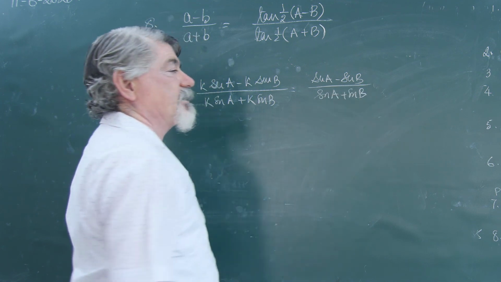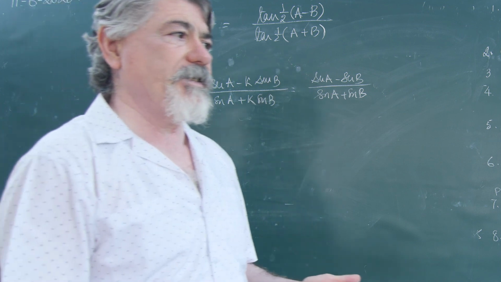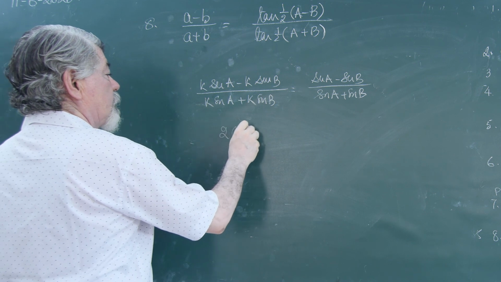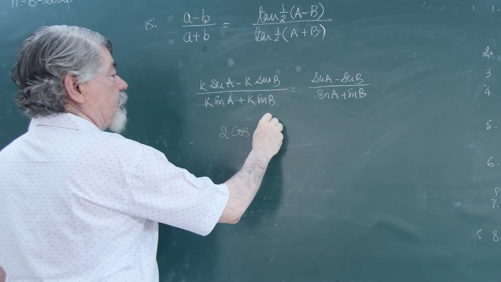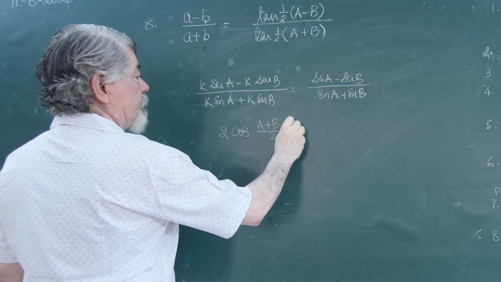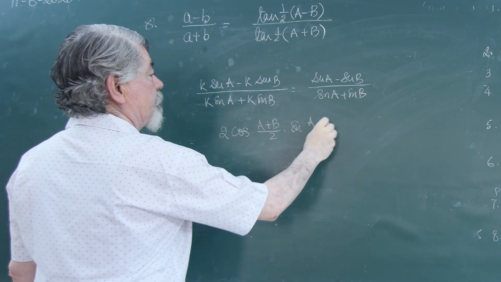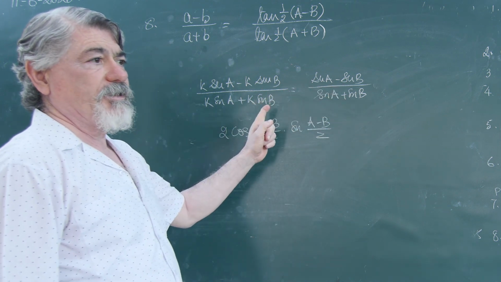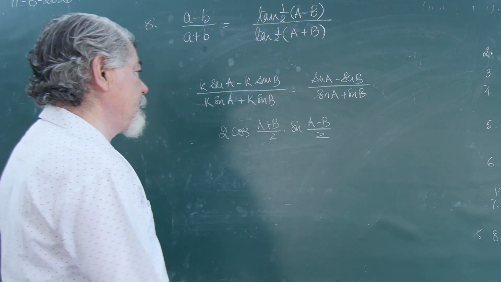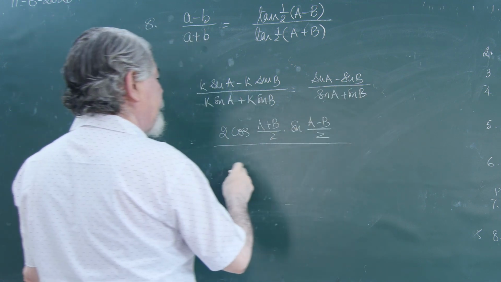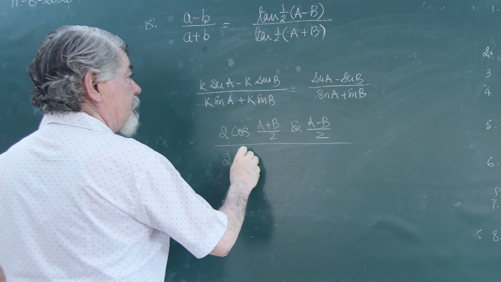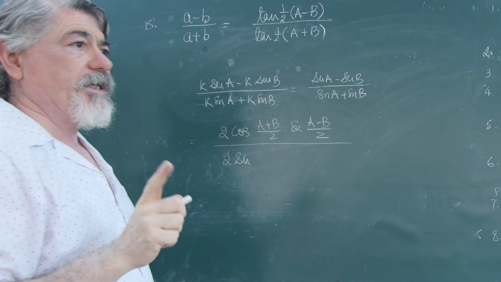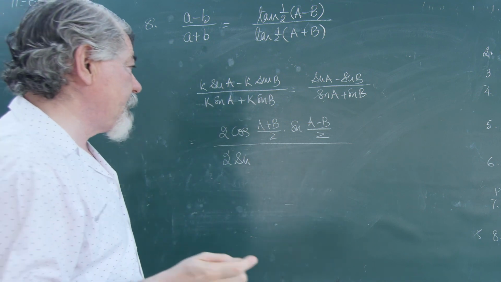We will use the formula for sin C minus sin D and sin C plus sin D. Sin C minus sin D, if you remember, was 2 cos C plus D upon 2 sin C minus D upon 2. In place of C and D I have A and B. Sin C plus sin D was 2 sin C plus D by 2 cos C minus D by 2.